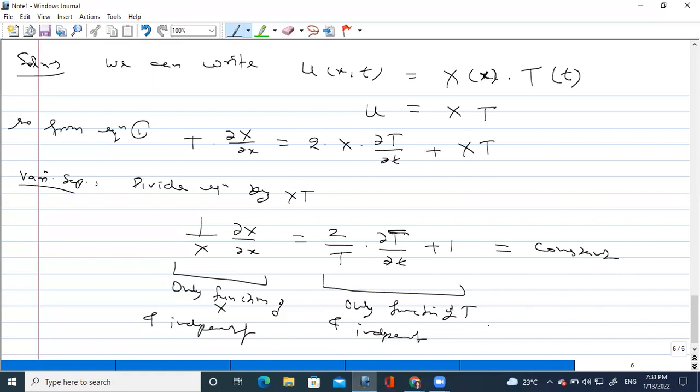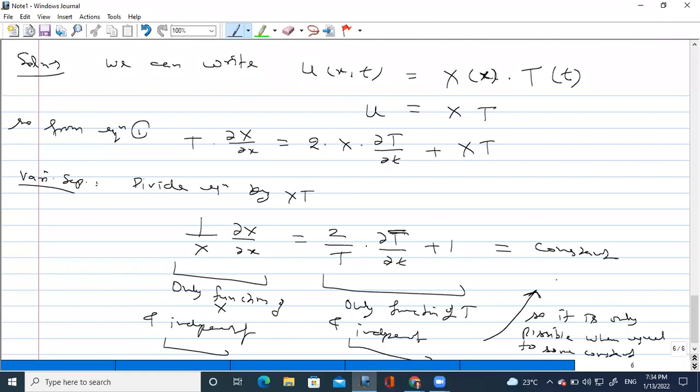Okay, so by this we can have, once both are independent, and both are equal, it is only possible when equal to some constant.